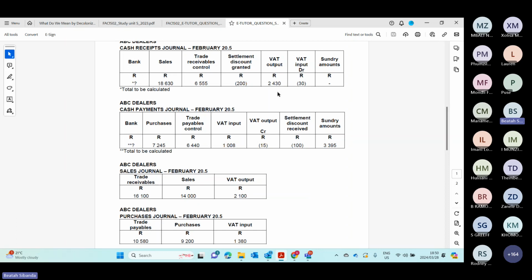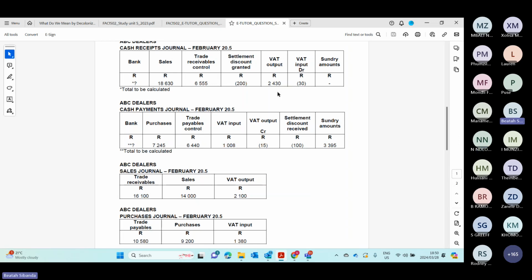Ndlovu, your hand is up. Okay, good evening, Doctor. In terms of the question asked by my fellow students, I did try to attempt this tutorial. What I have noticed is that for the sales amount, 18,630 times 15 over 115 rands gives us the amount of the VAT output.